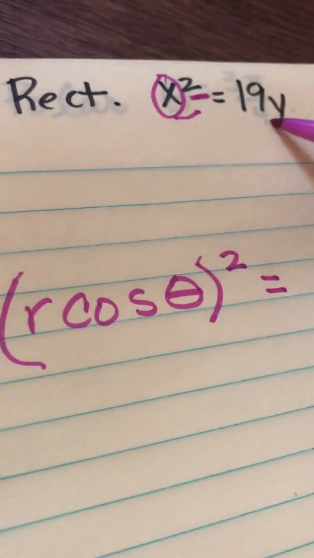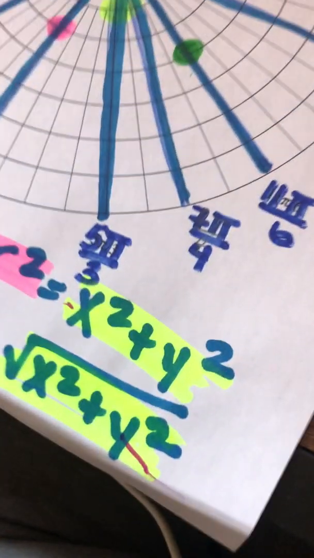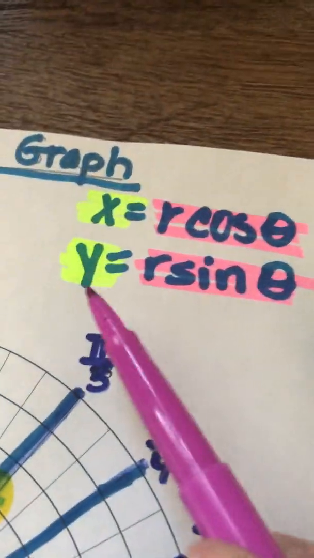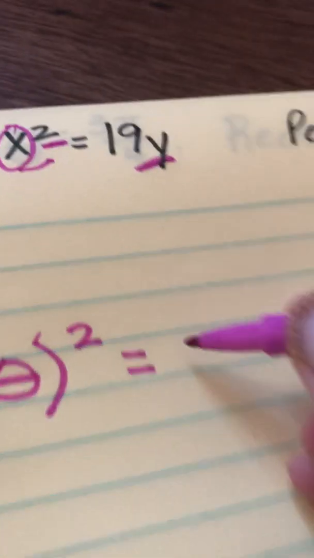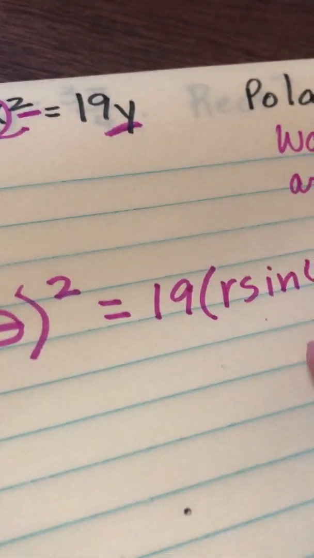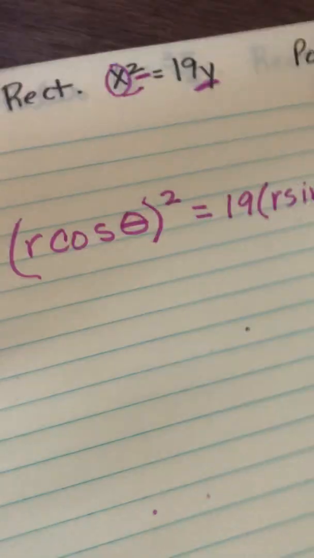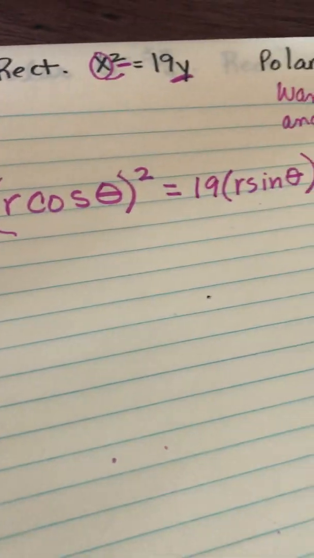let's see if I can replace this y with something. So let's see if I have a y equals anywhere. y equals, y equals, y equals, y. Hot darn, y equals r sine theta. So I'm going to put r sine theta where the letter y is. Okay, now we're just going to clean it up.